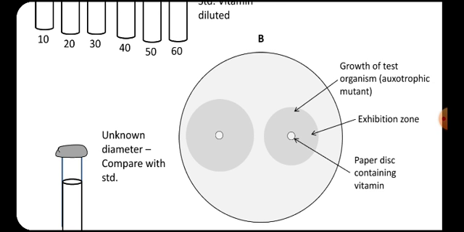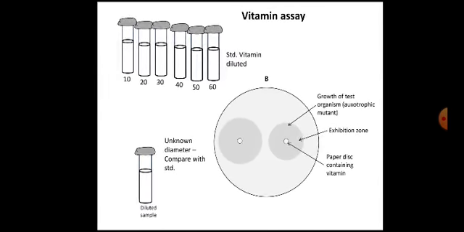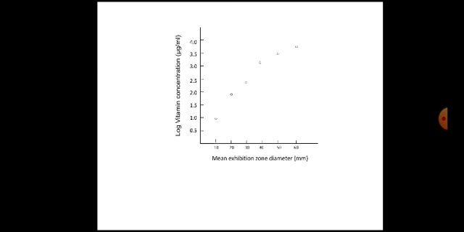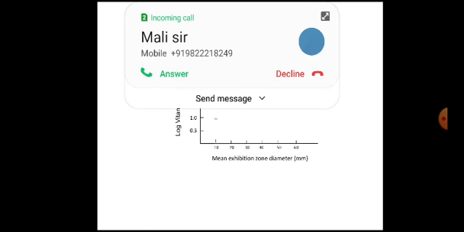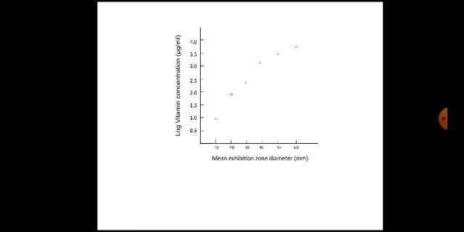So the diameter of the zone of exhibition is what we have to measure here. In this case the graph will be like this, zone diameter, that is exhibition zone diameter, versus concentration of this vitamin. As the concentration increases, the zone of exhibition increases.